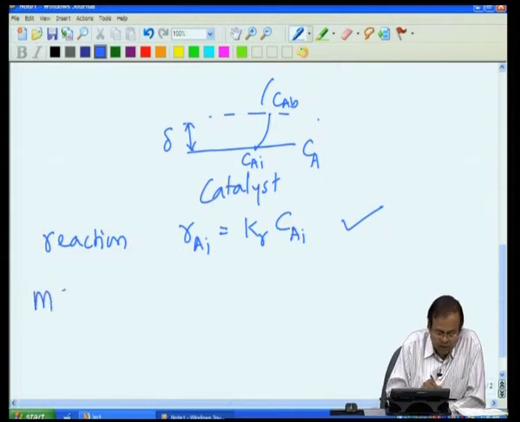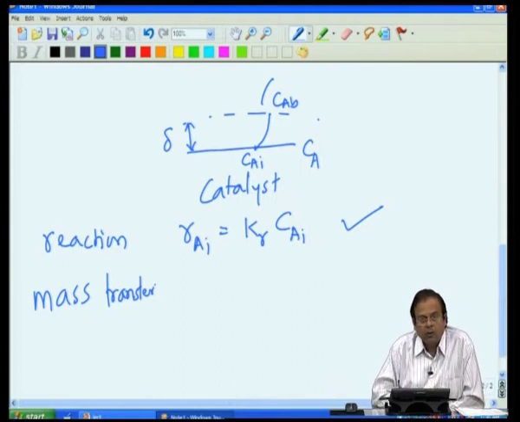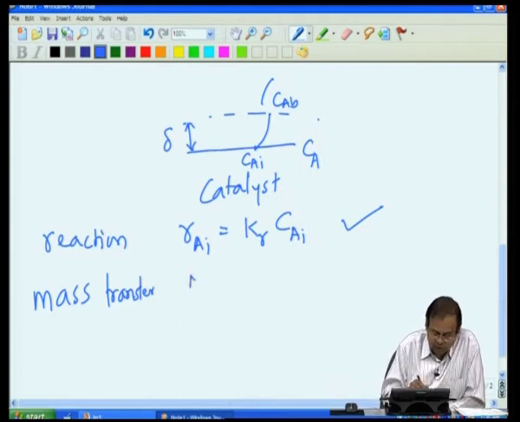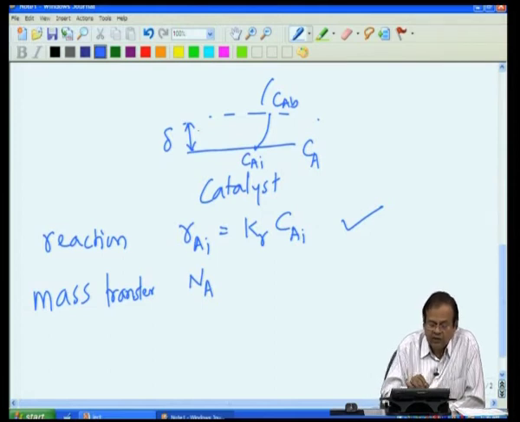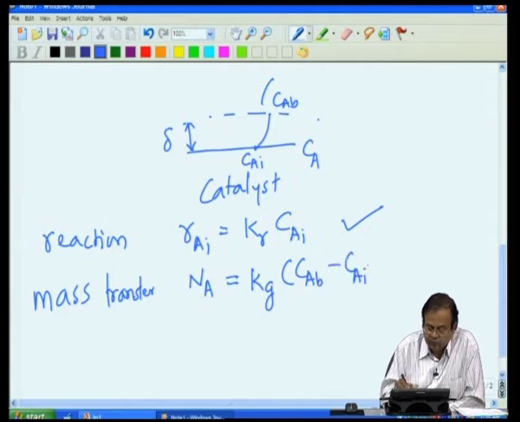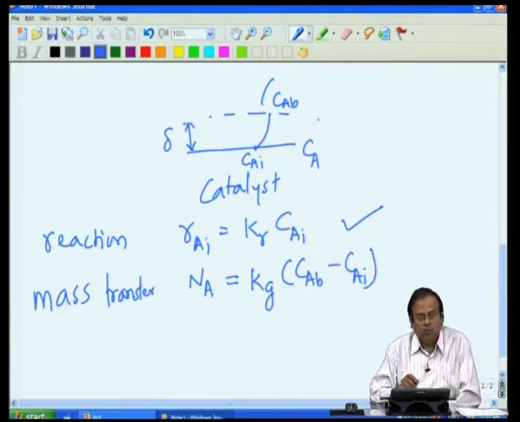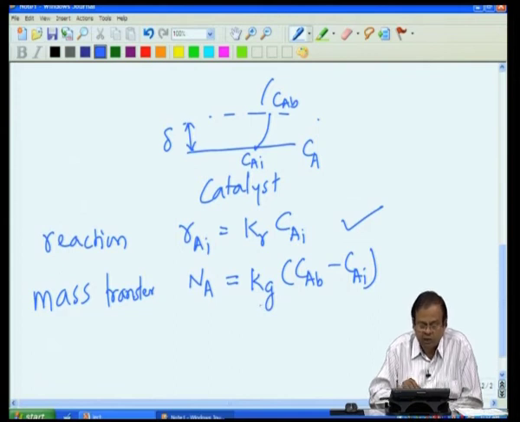So, mass transfer rate, the flux of A, if we neglect the curvature effects and write the diffusion equation, we can show this as mass transfer coefficient Kg times the driving force CAB minus CAI.